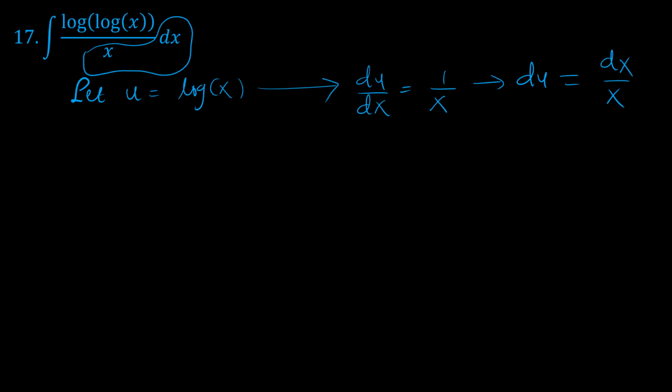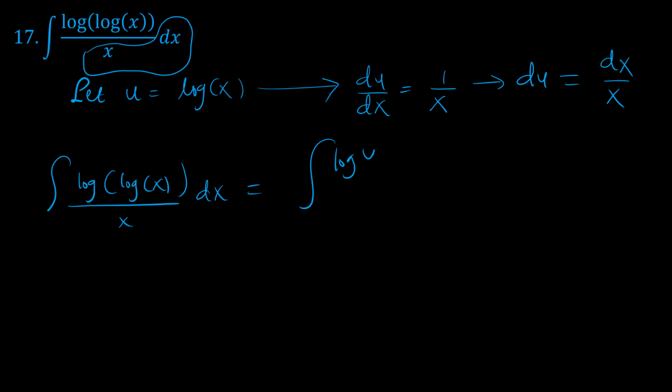So therefore natural logarithm of x over x dx can be expressed as log u du, which is the same as, we're going to use integration by parts, du times log u.